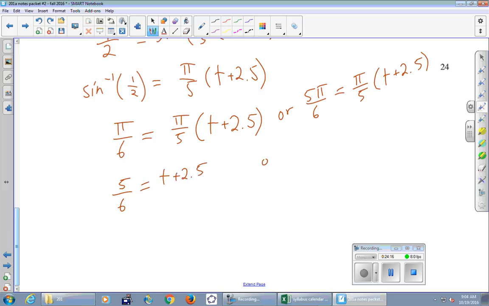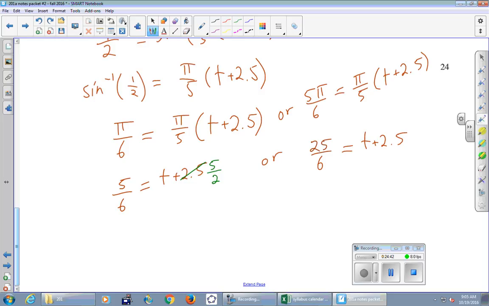And then over here, again, multiply by 5 over pi. And what do we get there? 25 over 6 is good. All right, just because we got all these fractions floating here, let's change this guy to a 5/2.